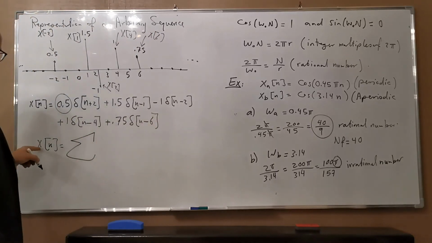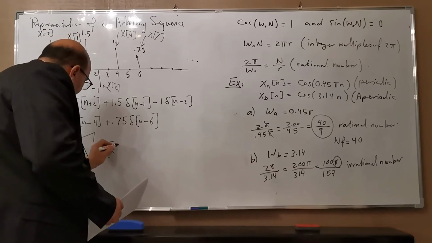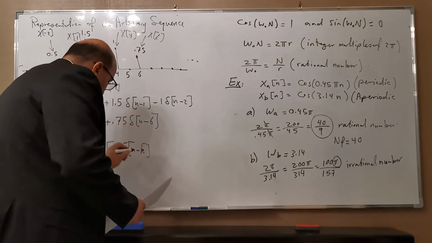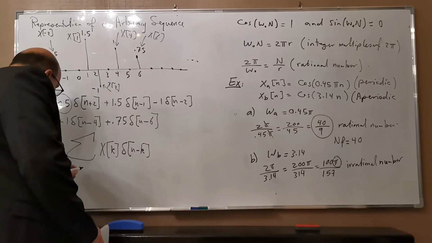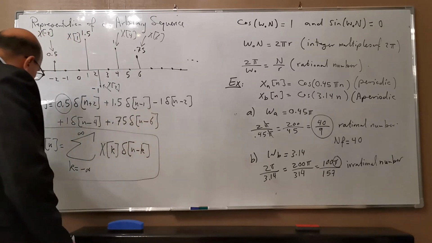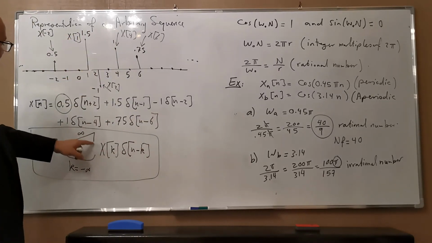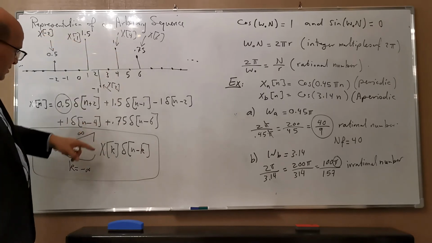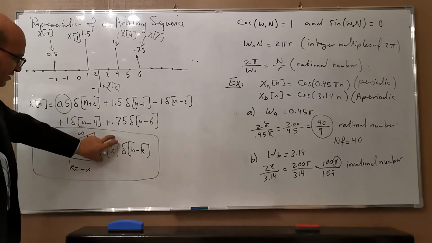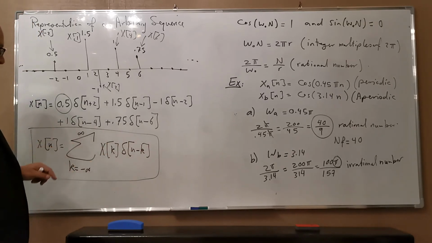So we can say x of n is equal to the summation of x of k times delta of n minus k, for k equals minus infinity to infinity. Some of those x of k's are zeros, some of them are non-zero values, but in general, x of n can be put as weighted shifted deltas from k equals minus infinity to infinity.